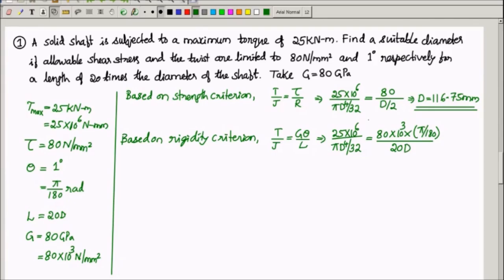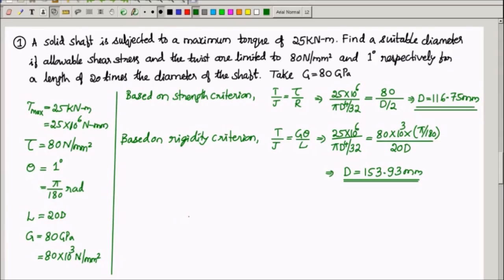So again, you see, now it is the equation in terms of d cube. We can solve it. We can get d cube first, and we can take the cube root of that, and we can find out what is d. So d from this criterion, you will get 153.93 mm.